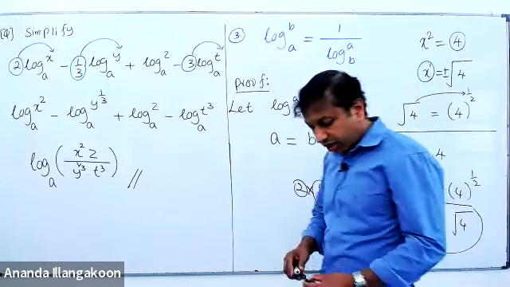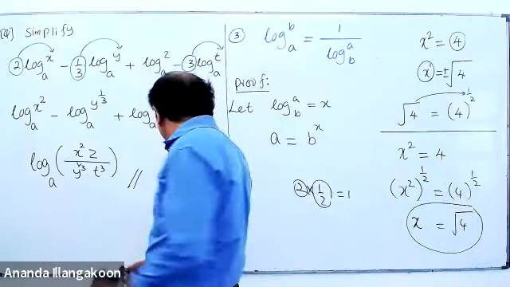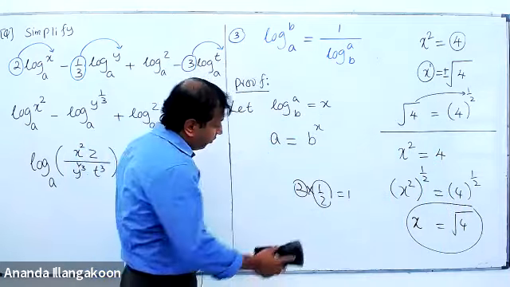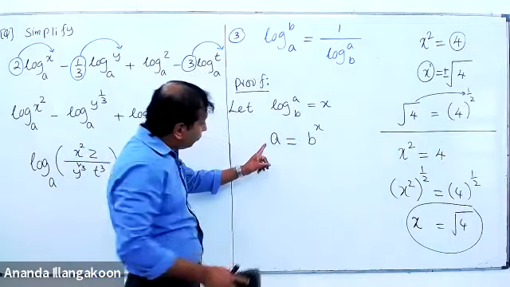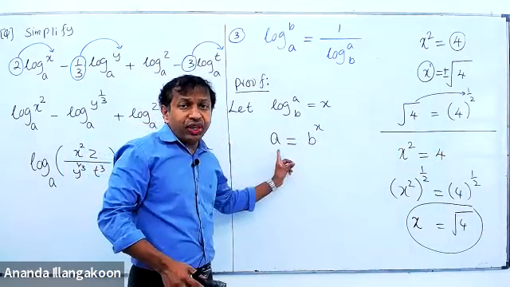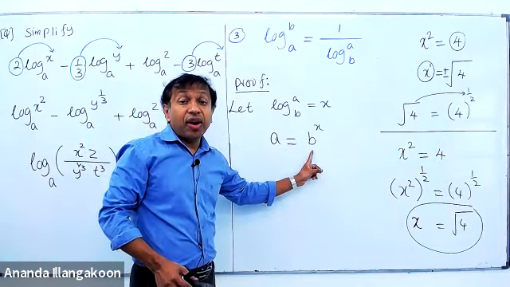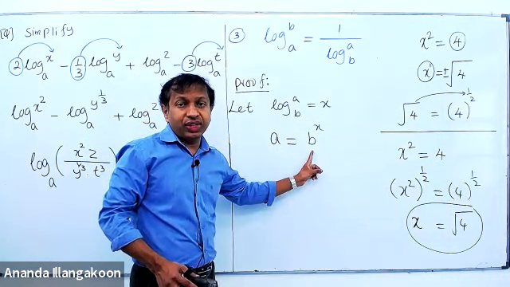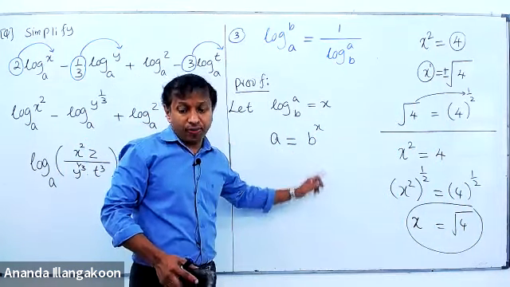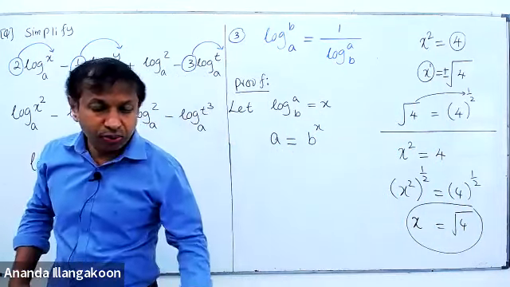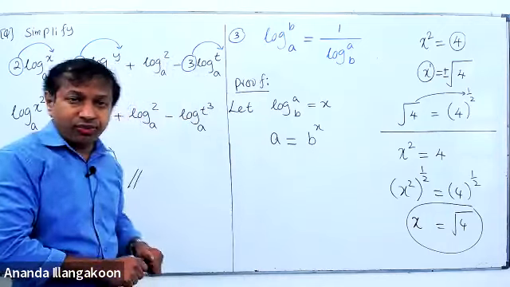Understood? Now, using that, here also, on both sides, I am going to take power 1 upon x. Understood? Both sides, I am going to take power 1 upon x.